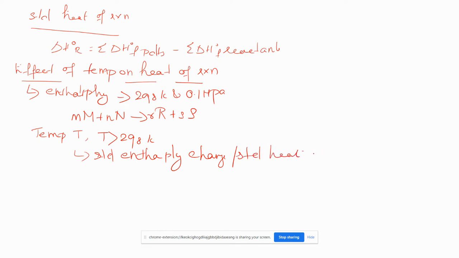By considering the above reaction, we consider that it takes place in three steps, and we are going to derive a relationship for the standard enthalpy change or standard heat of reaction. The equation is important, so I am going to derive the relationship.